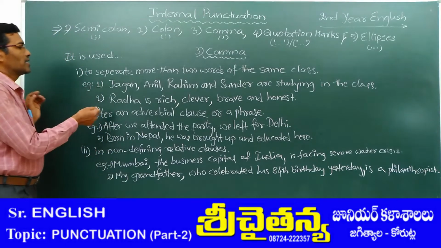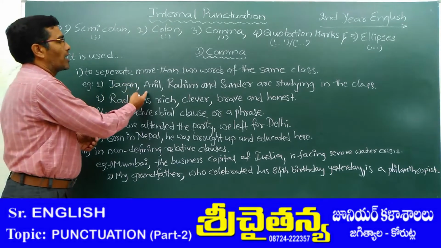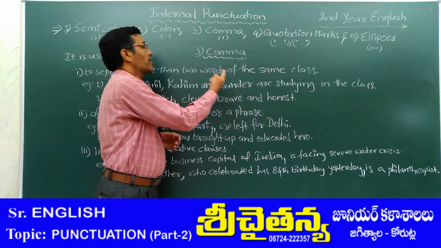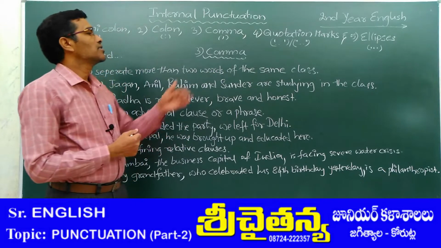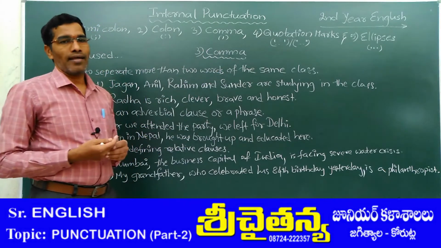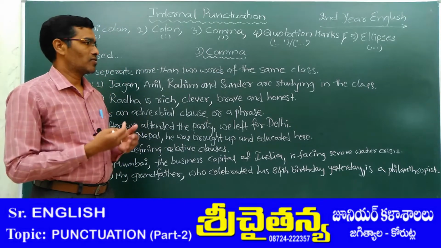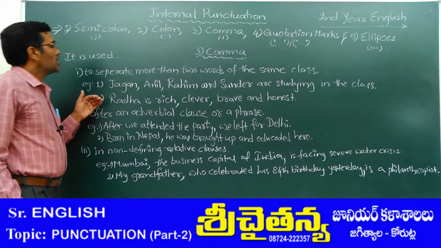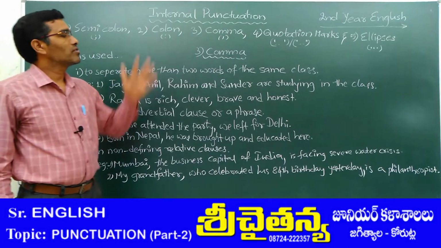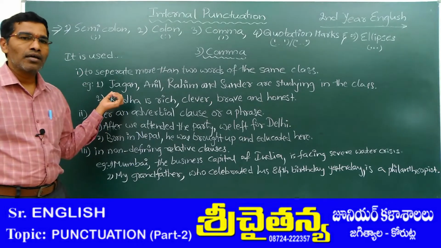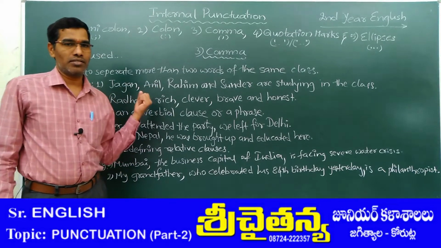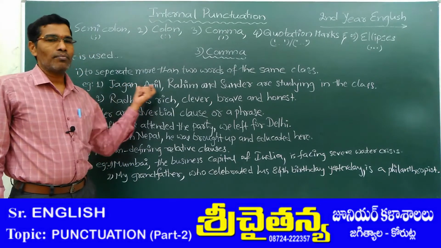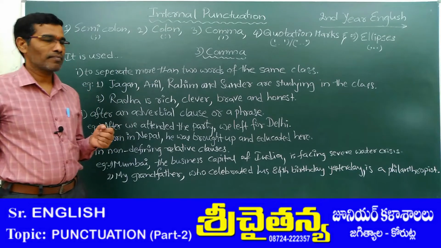Okay, see how it is. Jagan, Anil, Rahim, and Sundar are studying in the same class, right? So here, Jagan, Anil, Rahim, Sundar belong to the same class. That means the proper nouns, right?